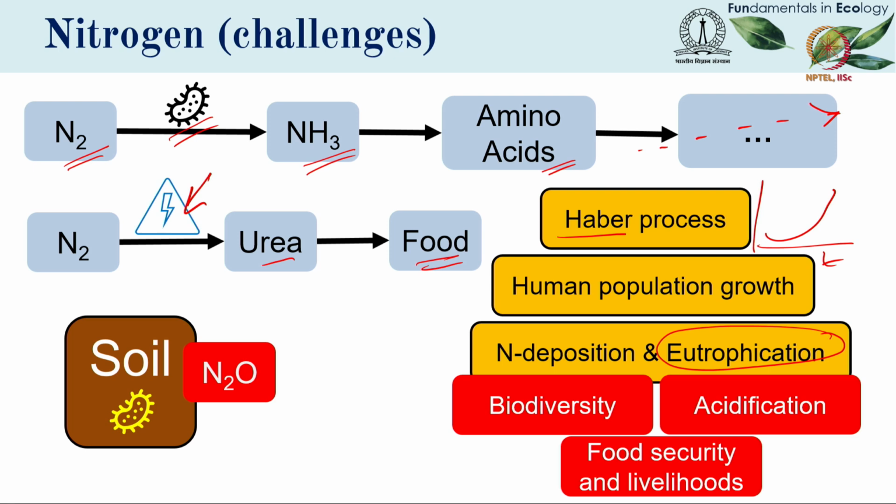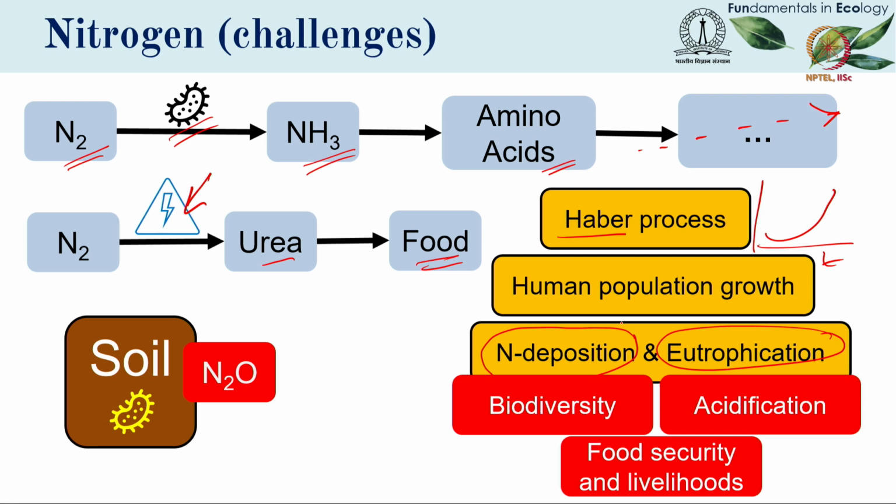This has implications for changes in the pH of the soil, changes in the pH of the water, and because some of these oceans or some of these areas were historically important for fisheries, they also have consequences for food security and livelihoods.